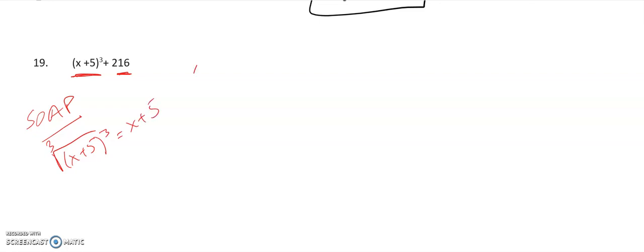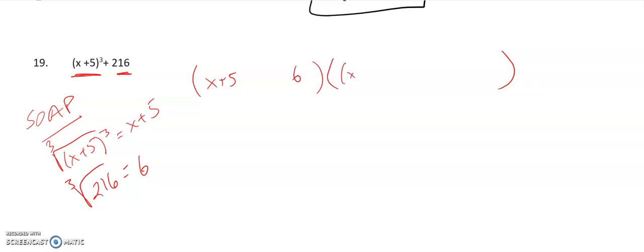Okay, so when we make our binomial here, the binomial is in the first one. That'd be what goes in the first spot. The second spot is, again, what is the cube root of 216? Using your calculator, or if you happen to know, that would be 6. So that's going to go there. Now we have our trinomial over here. So again, what goes in that first spot? x plus 5, quantity squared.